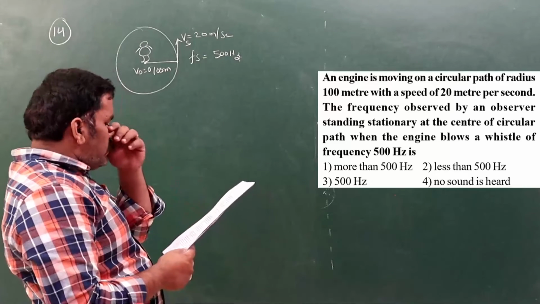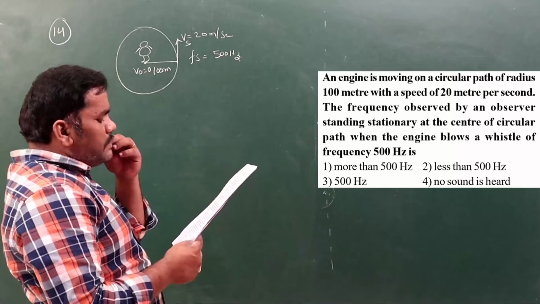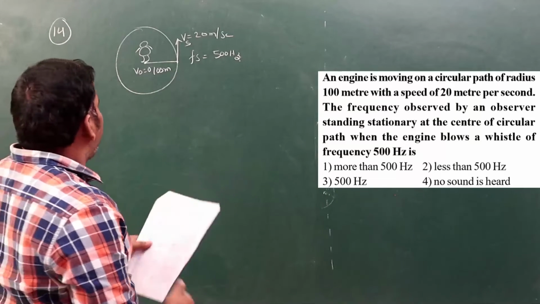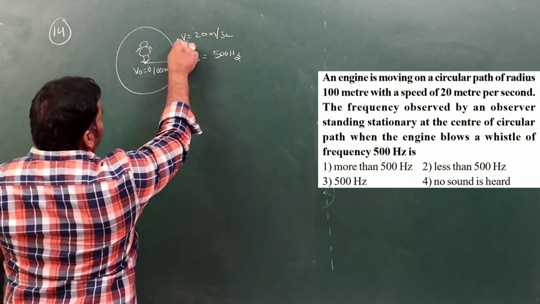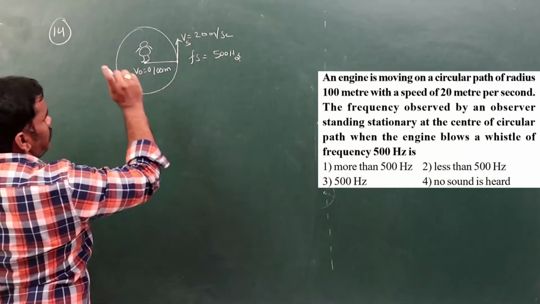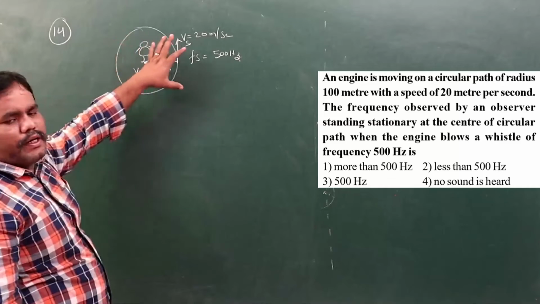So here the velocity component of the source is perpendicular to the observer. Source and observer are perpendicular.